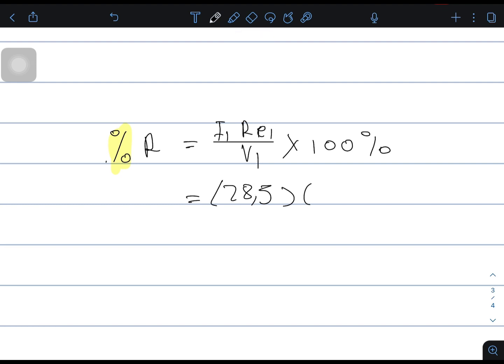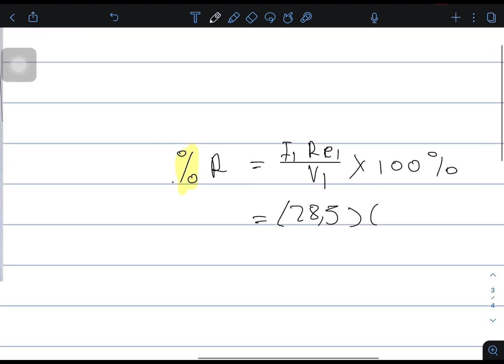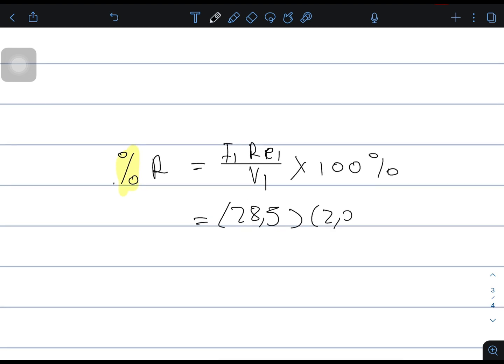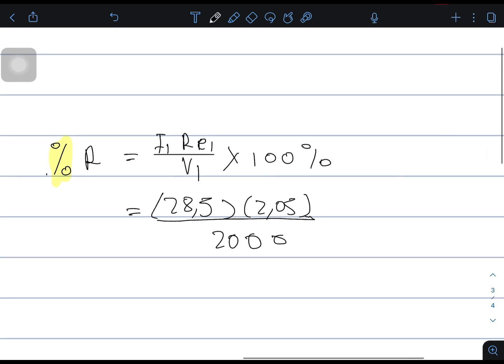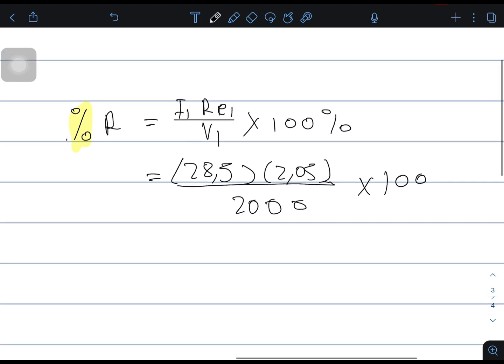Then RE1, which we wrote in the previous question, 2,05, over the supply voltage 2000, times 100. That means our percentage resistance is basically 2,921%.